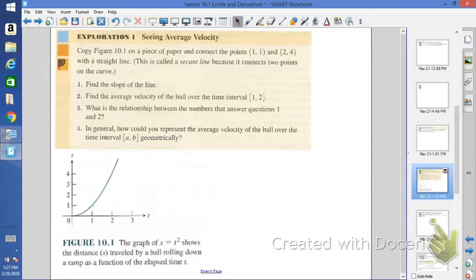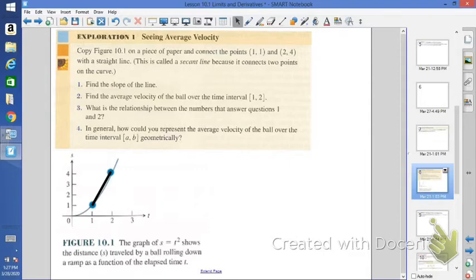Alright, so in exploration 1 here, we're looking at figure 10.1, and it wants us to connect the points (1, 1) and (2, 4). Now, this is called a secant line because it connects 2 points on the curve.